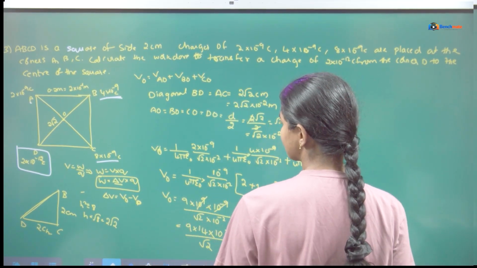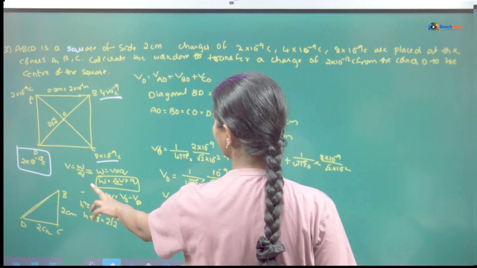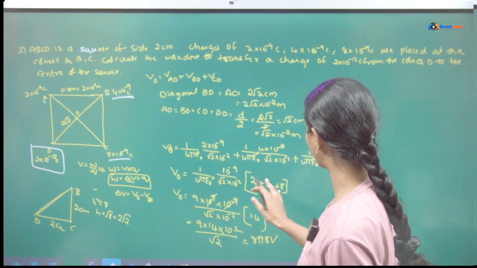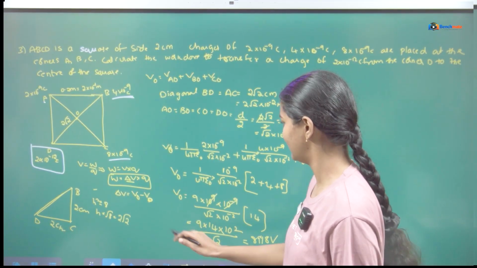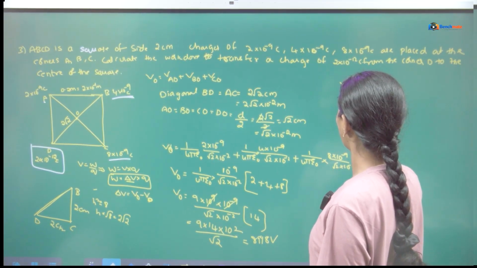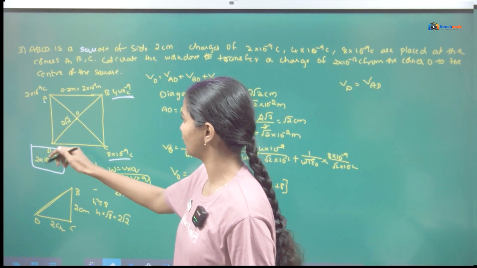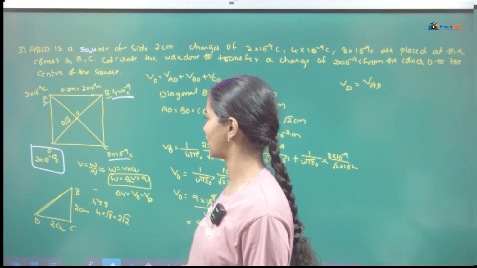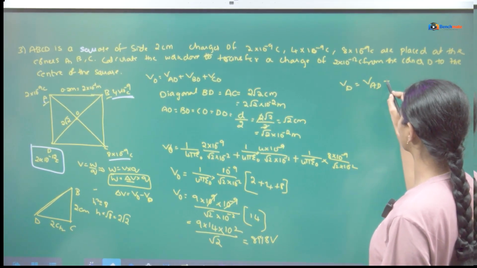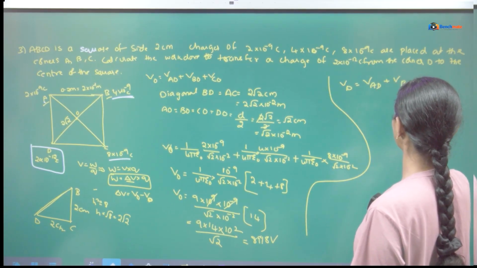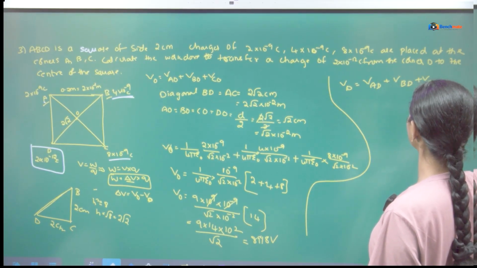Next, in the same way, I have to calculate the potential at D, because I need VO minus VD, right? VO we calculated. Next, VD is needed. How to calculate VD? At D also the potential is going to be caused by the A, B, C charges. So potential at D is equal to VAD, next VBD, VCD.